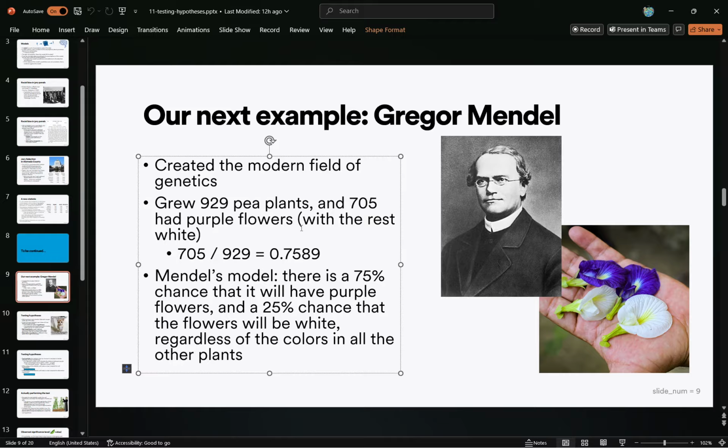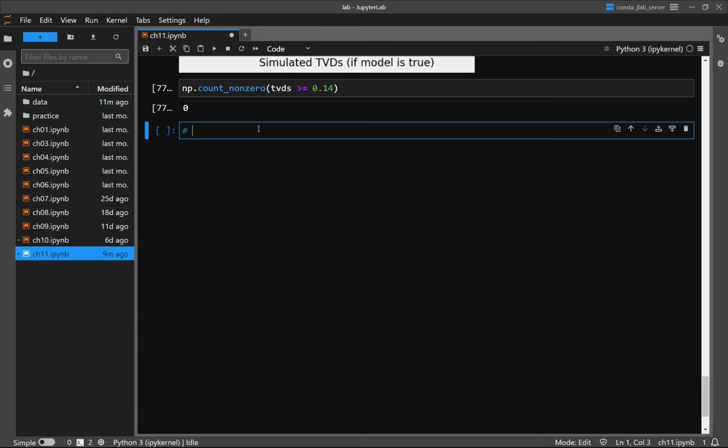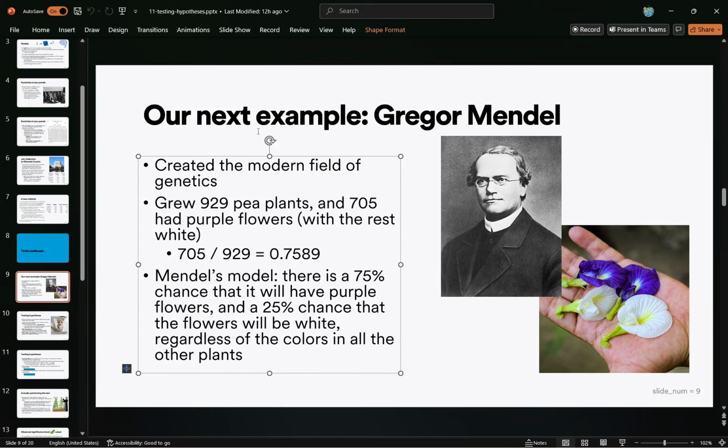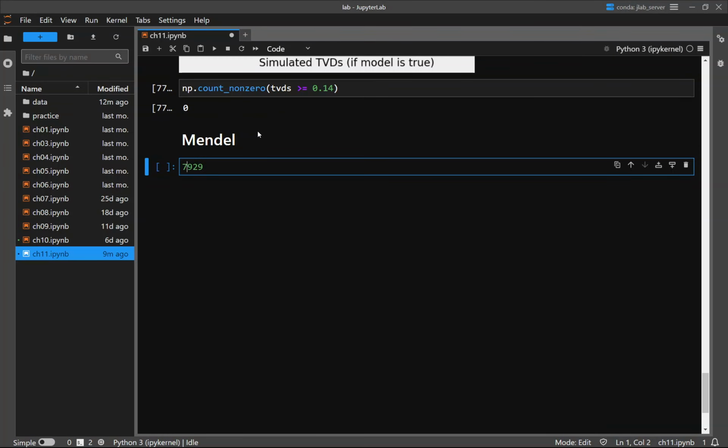So it was purple or white, and bigger than the majority of them had purple flowers. We can get that started over here too. So this is Mendel. And so he found that out of 929, there were 705 that were purple.